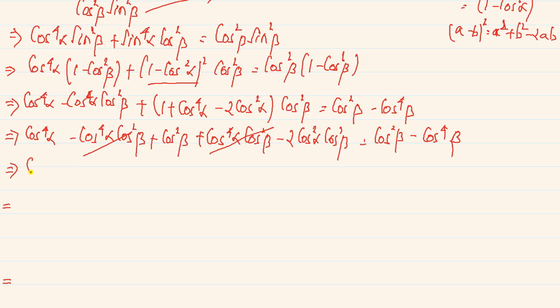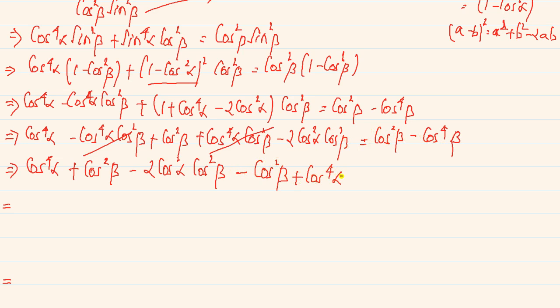So இப்போ இருக்கிறது cos to the power of 4 alpha plus cos square beta minus 2 cos square alpha cos square beta, இங்கே equal to இந்த பக்கம் கொண்டு வரலாம். So right hand side-ஐ left hand side கொண்டு வந்தா it will become minus cos square beta. இது minus left hand side-ல it will become plus cos to the power of 4 beta.